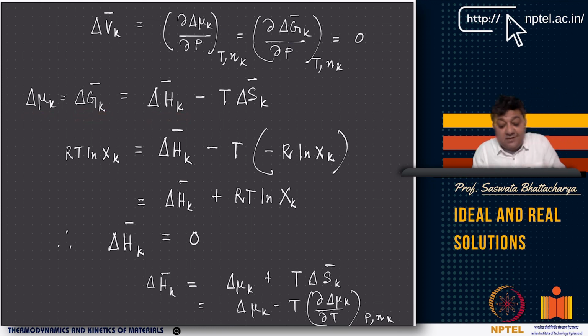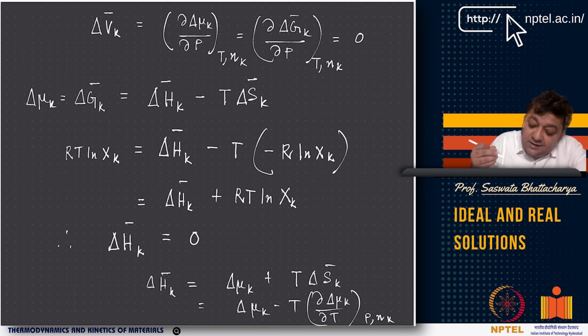Now we also know delta Gk bar, or delta mu K, is delta Hk bar, which is the partial molar enthalpy of component K due to mixing, minus T delta Sk bar, which is again the relative partial molar entropy of component K due to mixing. Delta mu K is RT ln xk.